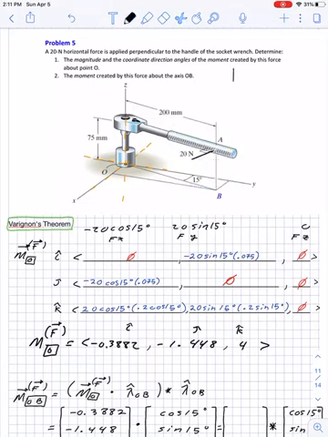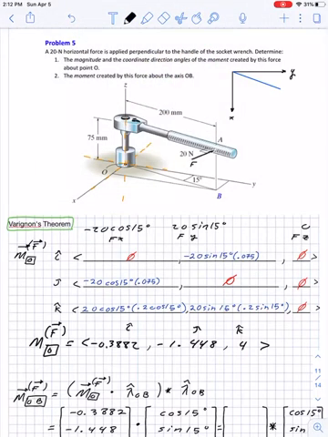So first step is we're going to want to find the components of this force. We call that force F. You notice that that force F is perpendicular to the arm of the tool. That's not a vector.